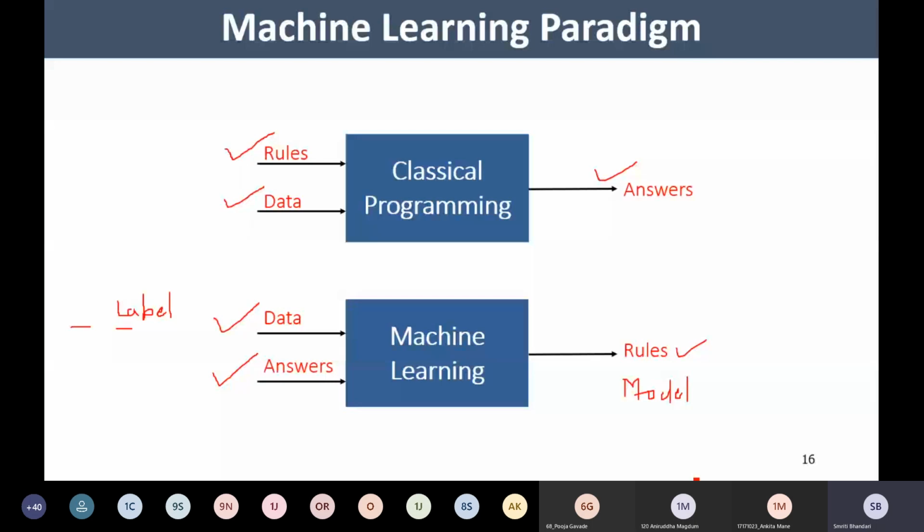We have images of elephants and so on. So we have lots of images of animals, right? Thousands of images. And initially we know the label for each image. So we know which animal it is.